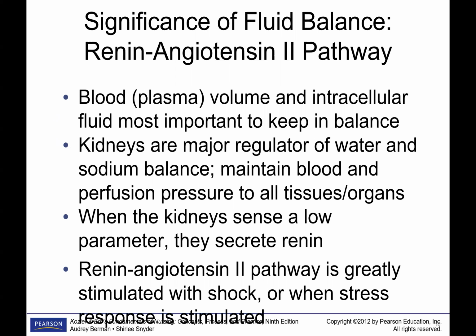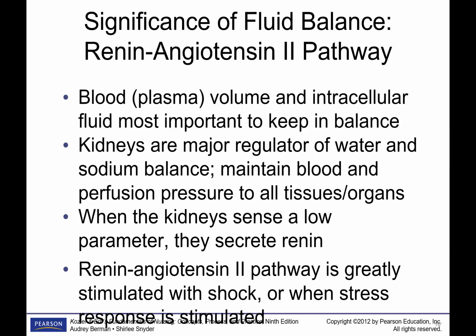So the significance of fluid balance, the renin-angiotensin 2 pathway, which we have talked about. In our blood volume, intracellular fluid is most important to keep in balance. We need to try to make sure that our plasma and our intracellular fluids are balanced out, and that our kidneys do a large portion of that sodium and water balance.